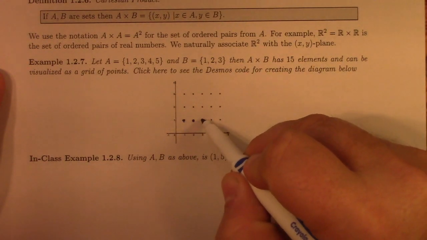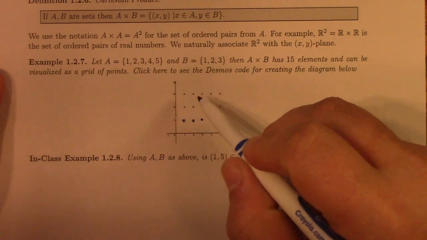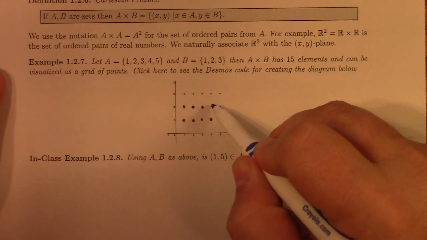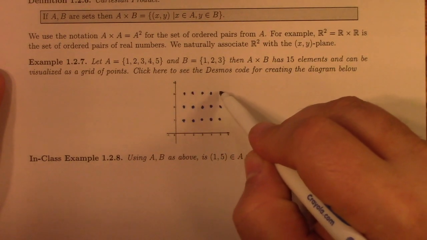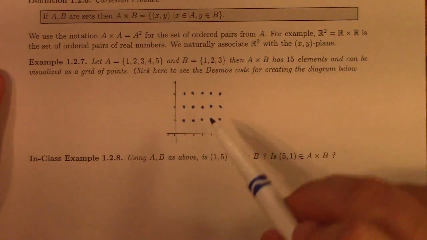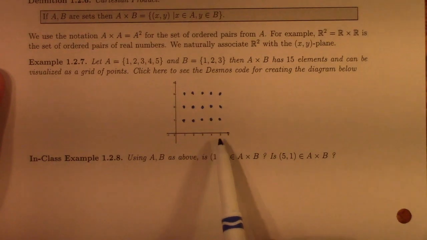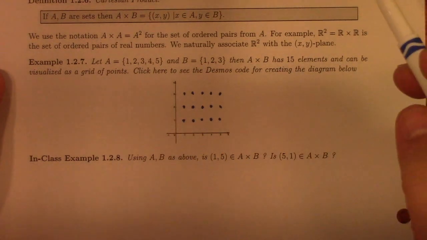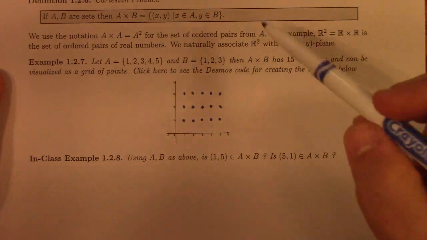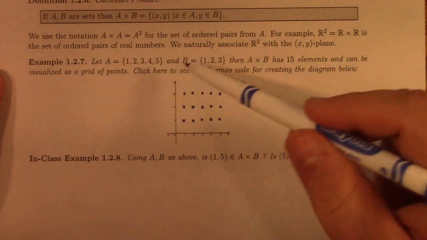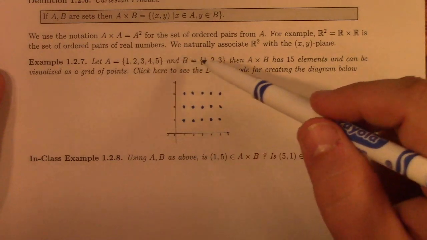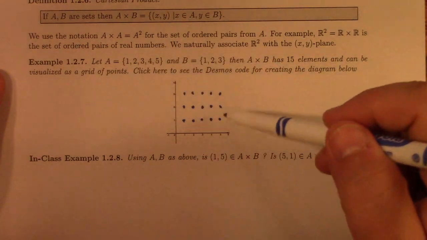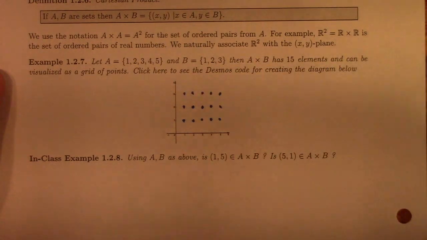And if you could zoom in, you'd see 1, 2, 3, 4, 5, and 1, 2, 3. When you have two finite sets and you take their Cartesian product, the number of elements you get is just the product of the sizes. Like A cross B, the number of elements here is 3 times 5, which is 15.